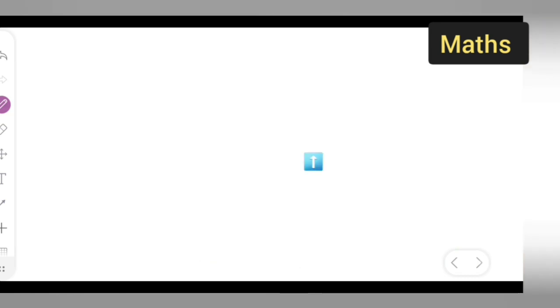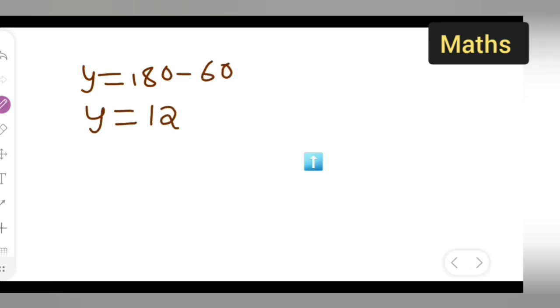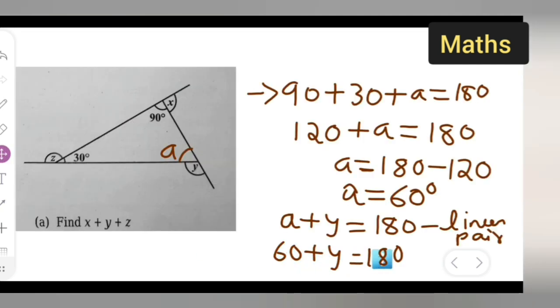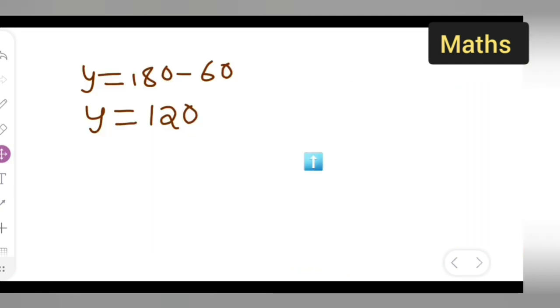So I can write down y is equal to 180 minus 60, which will give you y is equal to 120. What I have done over here is this 60 will go to the other side, so the sign will change. So 180 minus 60 will give you 120. So the value of y over here is 120.